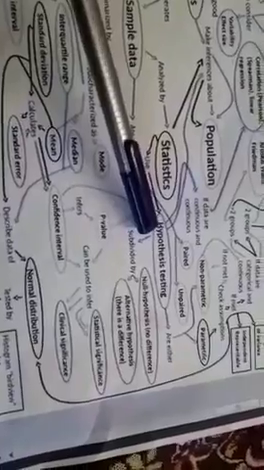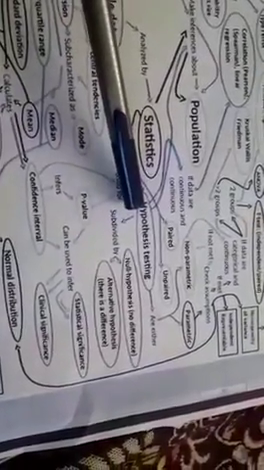Now the p-value. Why do we find out the p-value? Because if the p-value is less than 0.05, it means our hypothesis is right. What is a hypothesis? There are two types of hypothesis.